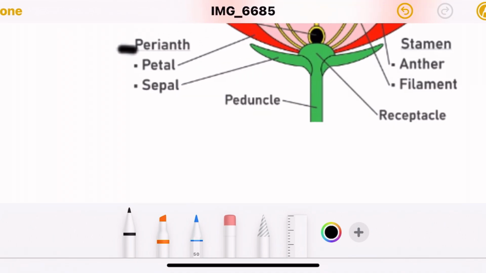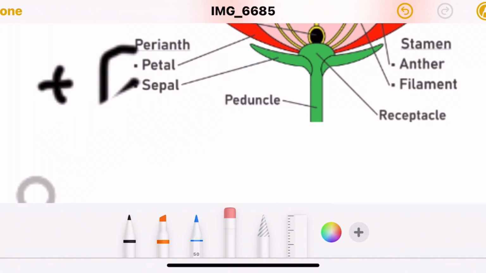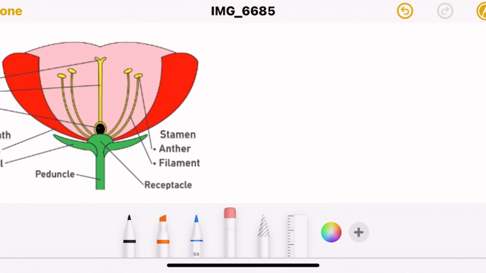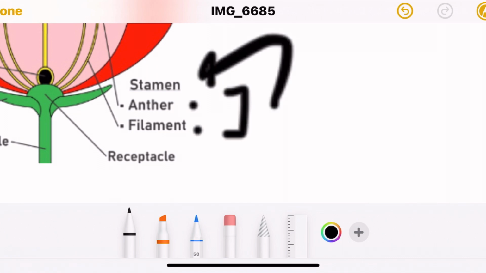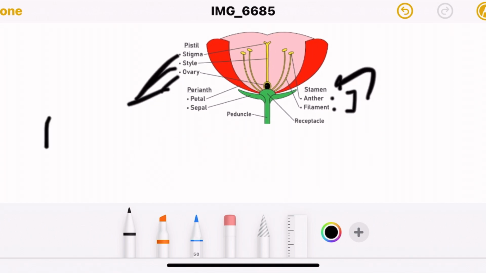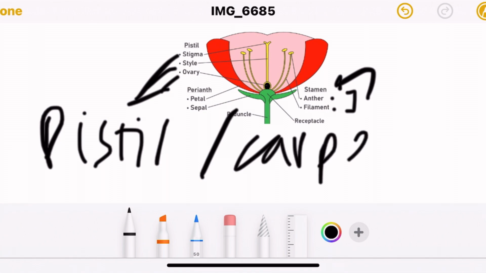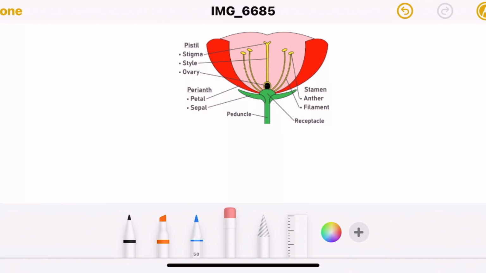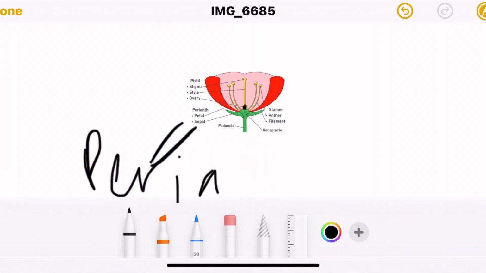The petal and sepal together are known as the perianth. The anther and filament together are known as the stamen. Ovary, style, and stigma together are known as the pistil or carpel.